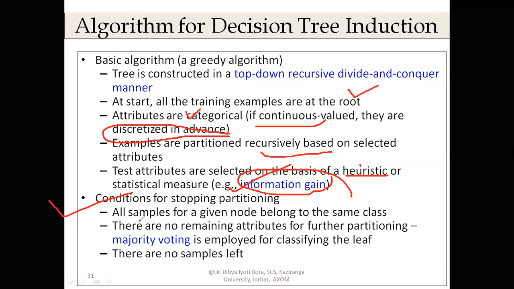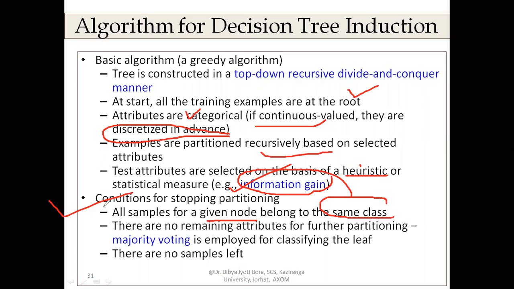So the conditions are: all samples for a given node belong to the same class. So a time comes when all the nodes belong to the same class. Whatever nodes you have got, they belong to the same class. So it doesn't need any more partitioning, right?